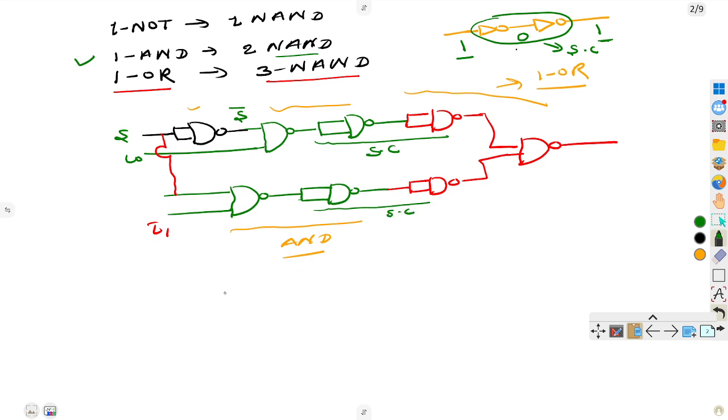So the final circuit I am making. This is a very famous interview question, and if you explain this way, the interviewer will be very happy. Okay, so this is the S, this is the I0. I am changing the color.